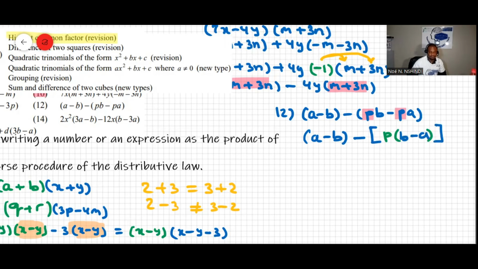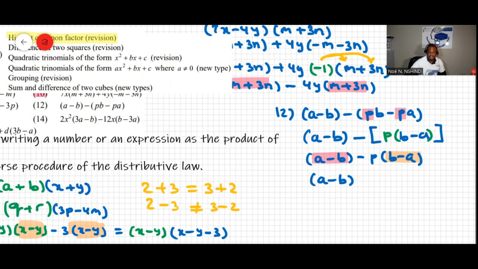B minus A. Now, this can be written as A minus B minus P, open brackets, B minus A. Now again, this is A minus B, but this side is B minus A, they're not common. So to make them common, we're going to do the same technique we did earlier. I want to say A minus B in the bracket like that.